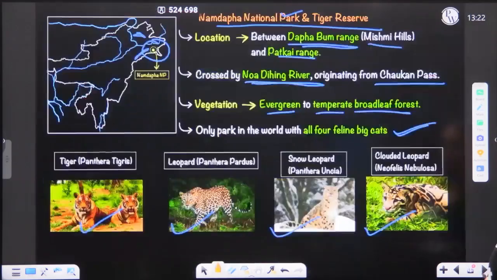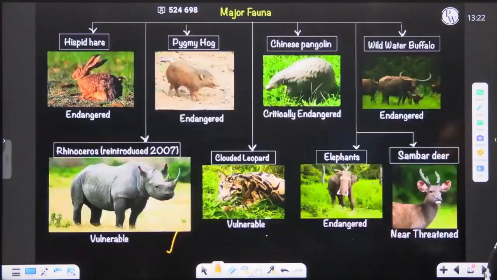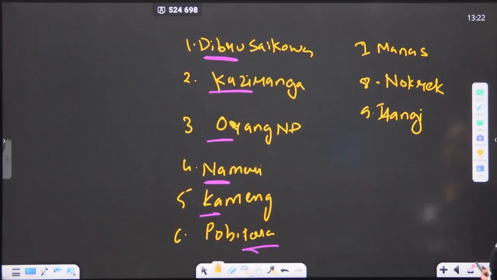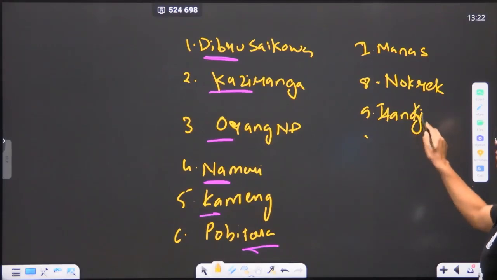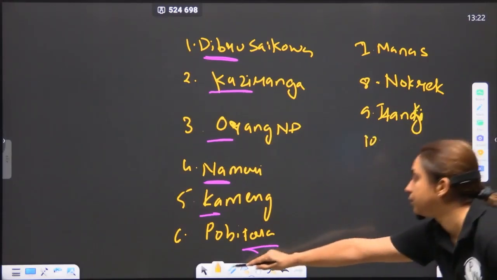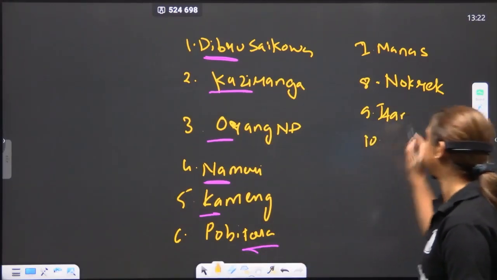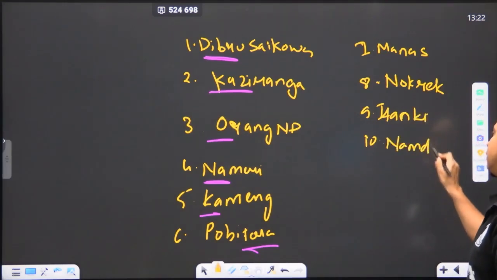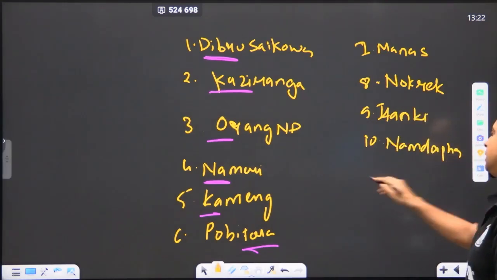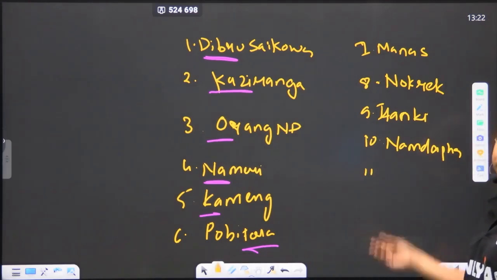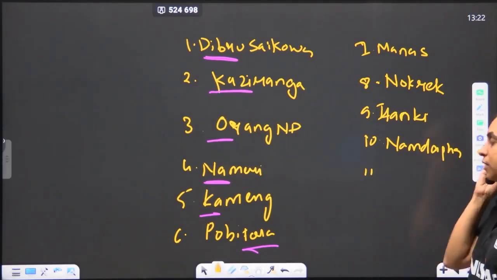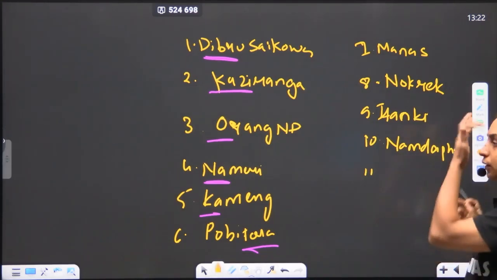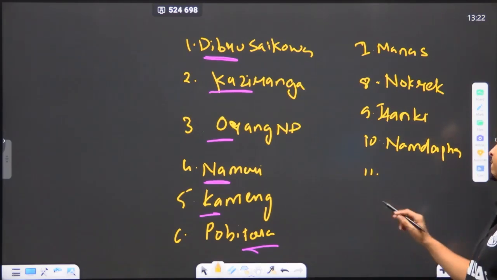So we've seen this one. Half of it at least you'll remember. Then you also have Namdapha, very, very interesting. Namdapha, between the Patkai Hills as well as the foothills of the Himalayas.